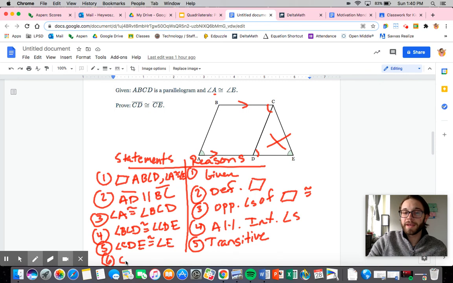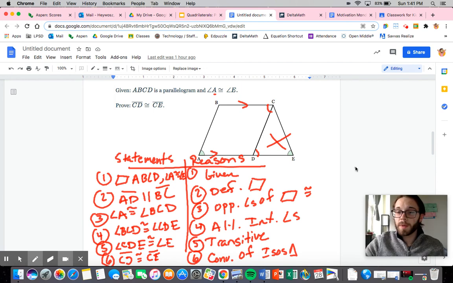So I have succeeded in doing what it was I needed to do. And that's the converse of the isosceles triangle theorem, okay?